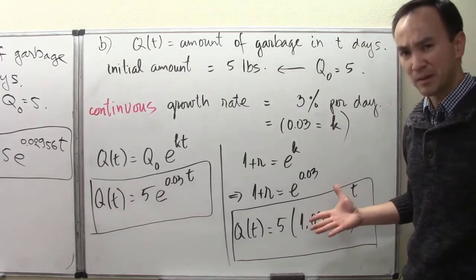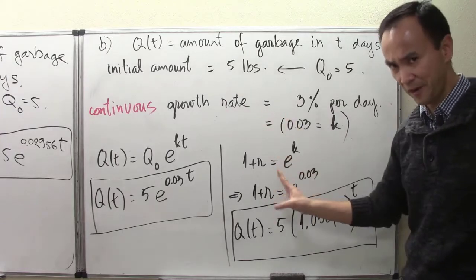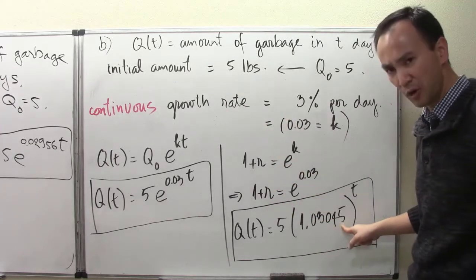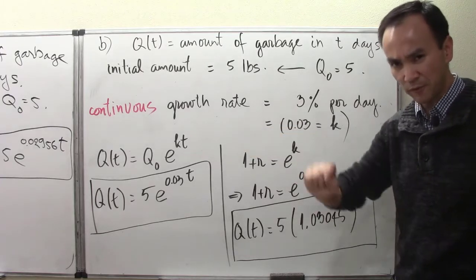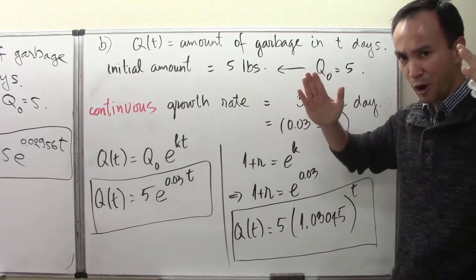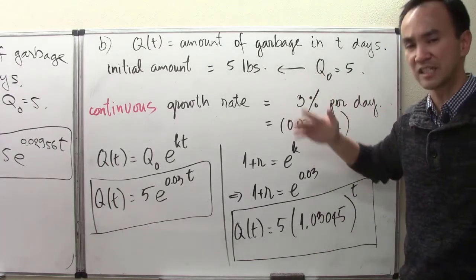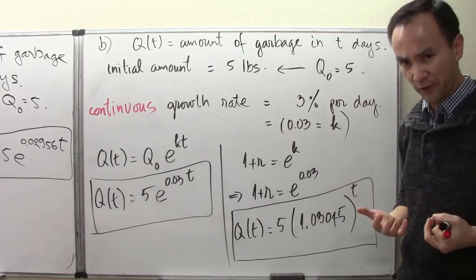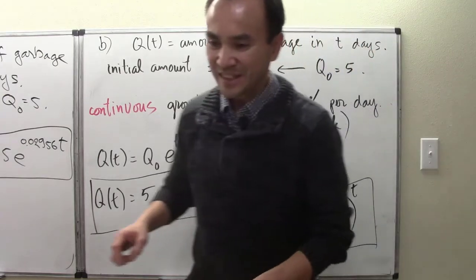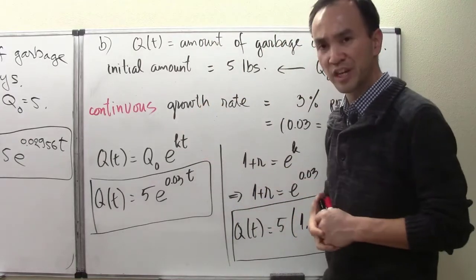Well, I agree, but in the end, I just want to point out those two are not the same functions. If you take 5 decimals here and only 2 decimals for 1.03 and put it on the graph, maybe at some small interval of t it will be the same, but at some far interval you will have some noticeable difference. And that is how we get example 3 done right there.